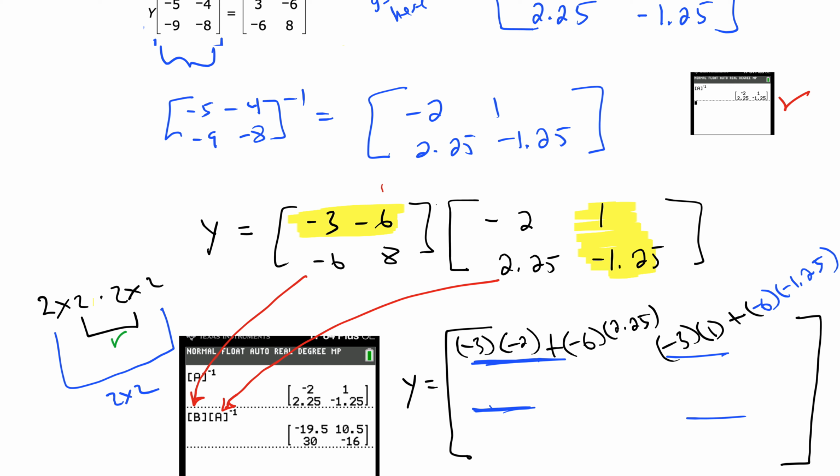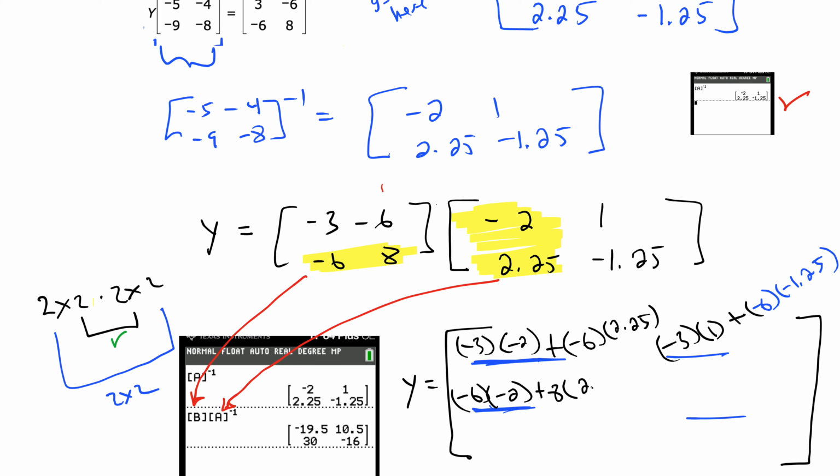Now we're on to the bottom left. Bottom row here, left column here. -6 times -2 plus, so you got those two taken care of, plus 8 times 2.25.